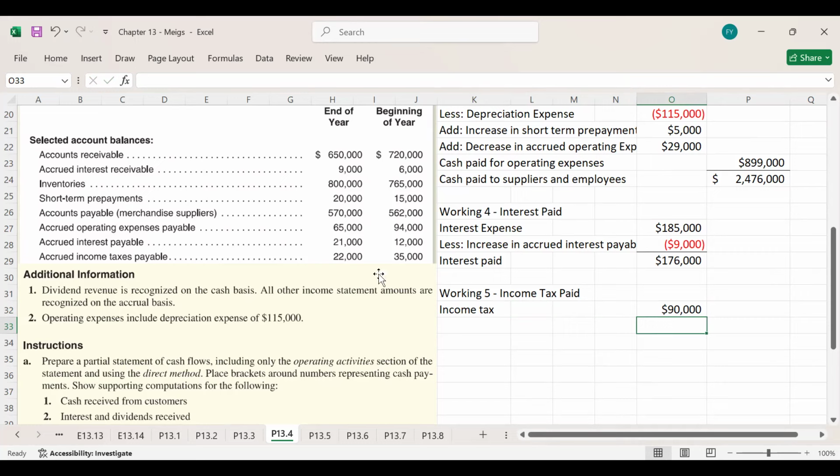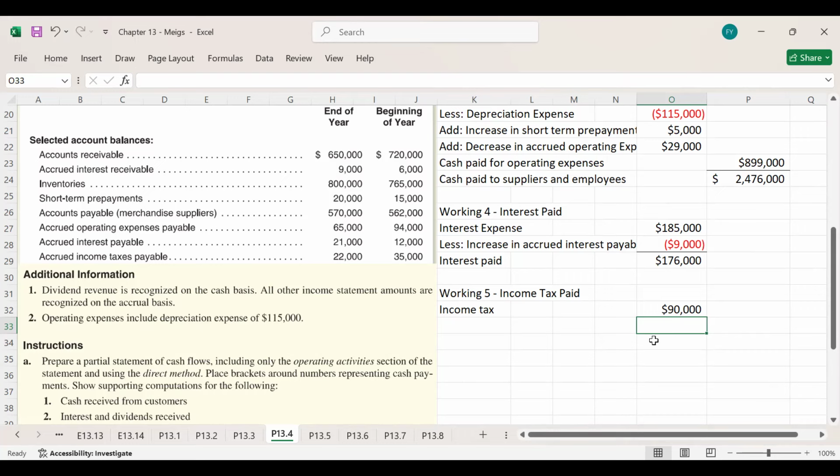You can see there's a decrease in accrued income tax payable, which means the company has paid off some of its previous tax liabilities. So in order to calculate actual cash paid for taxes, we add the decrease in income tax payable.